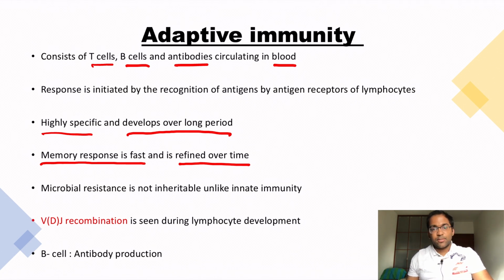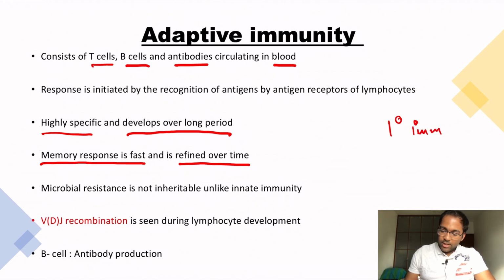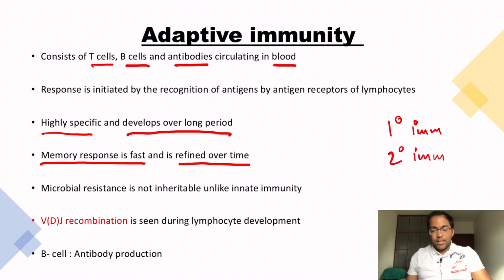Now memory response is a part of the secondary immune response. We have the primary immune response, and we also have the secondary immune response. Primary immune response is basically when our body encounters the antigen for the first time, and it takes a long time to produce the specific antibody towards that specific antigen. So that is the primary immune response, or in other words, the first encounter.